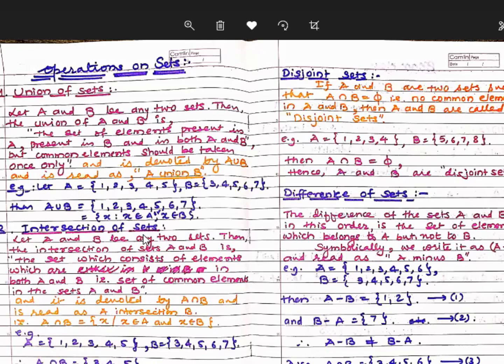So keep this difference between the union and intersection of two sets in mind. Union will have all the elements present in the first set or the second set or both, whereas the intersection will be the set of only those elements which are common in the given two sets.